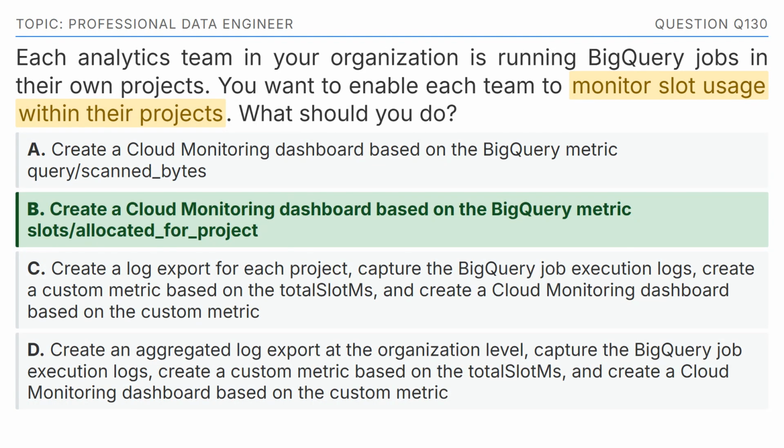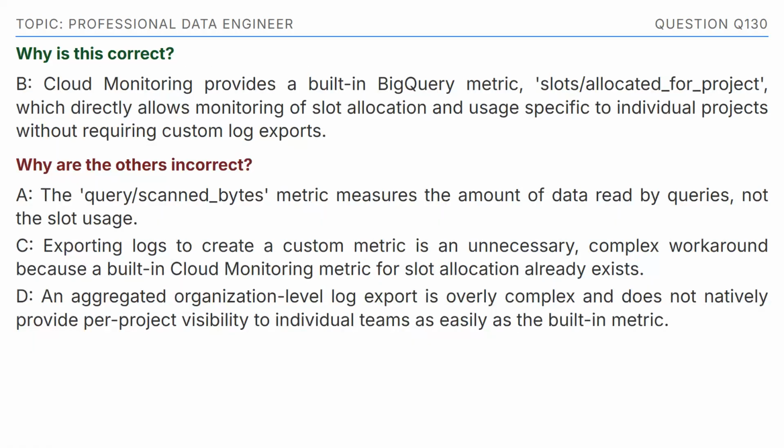Create a cloud monitoring dashboard based on the BigQuery metric slots/allocated_for_project. Why is this correct? B. Cloud monitoring provides a built-in BigQuery metric, slots/allocated_for_project, which directly allows monitoring of slot allocation and usage specific to individual projects without requiring custom log exports. Why are the others incorrect?